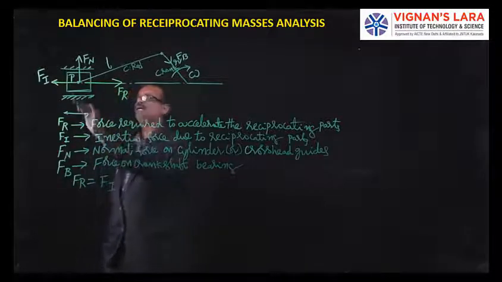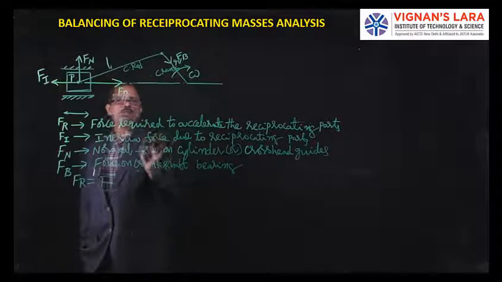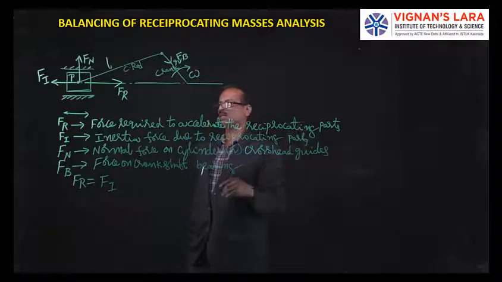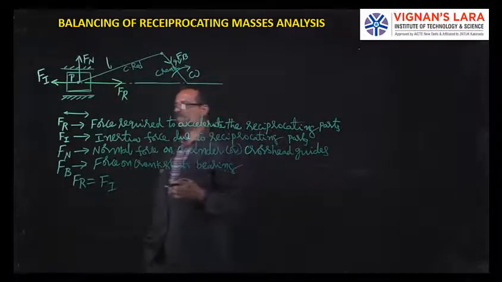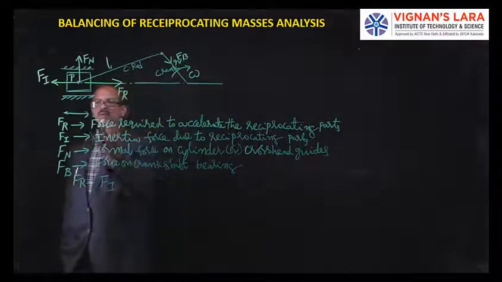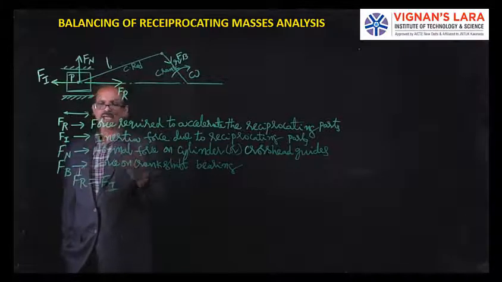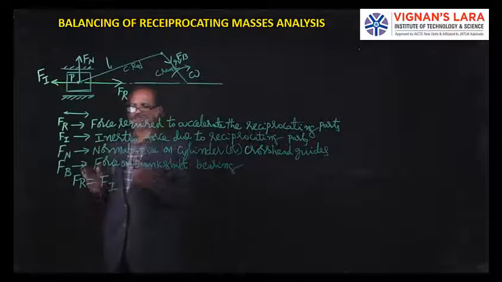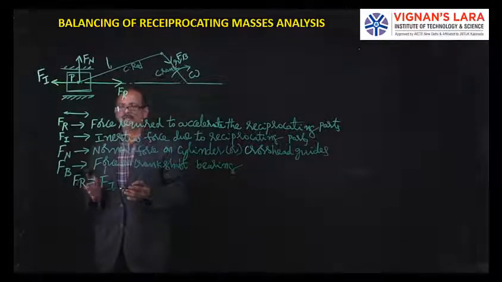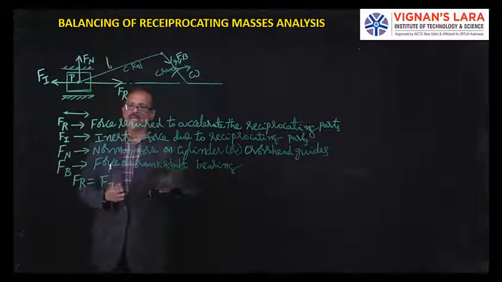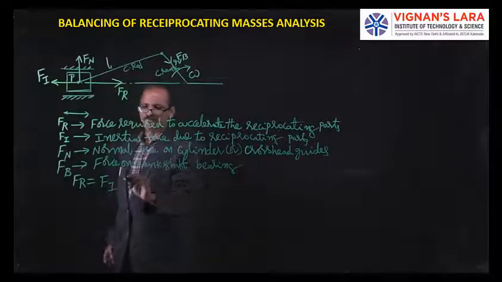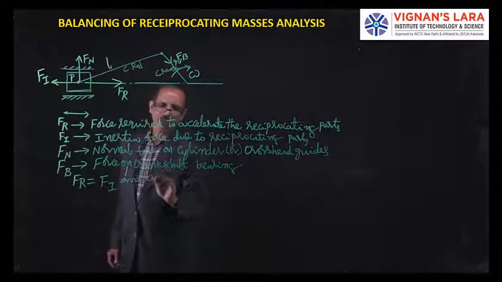How much force do you require to accelerate the reciprocating parts? It should be equal to the inertia force, so that the part starts moving. If you overcome that inertia force, only then will the part start moving. That's why Fr is equal to Fi, and they balance each other.